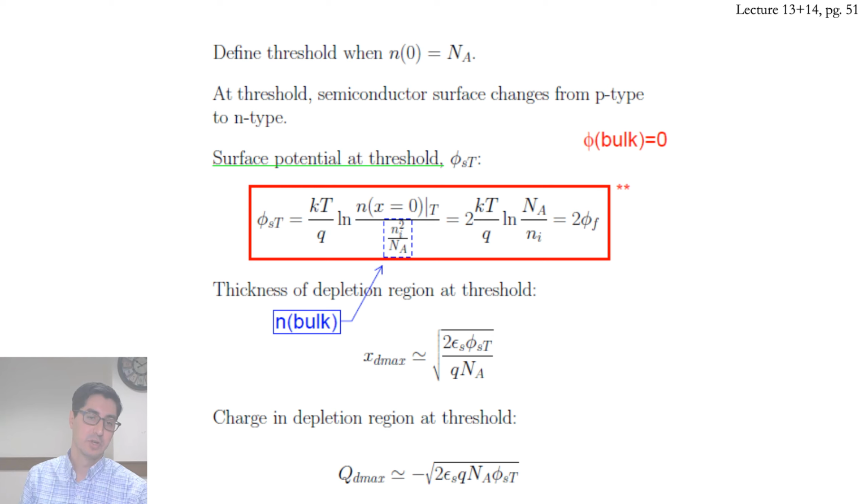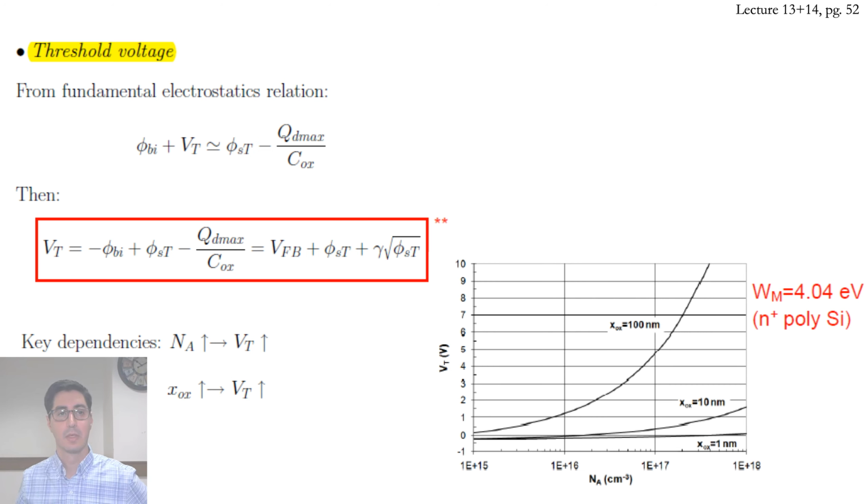And if we know the depletion width, we can calculate the depletion charge, QD max, just substituting in for phi st into our equation for QD. Okay, so we know the surface potential at threshold. What is the threshold voltage, right? Because what's the voltage we have to apply to reach threshold, right?